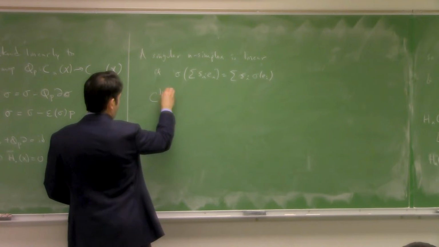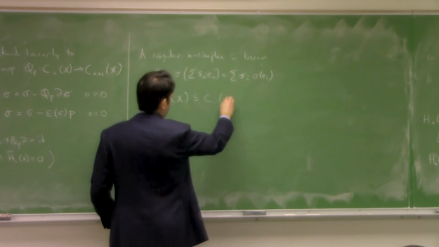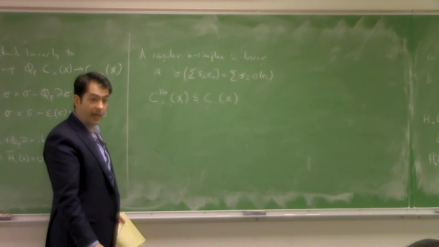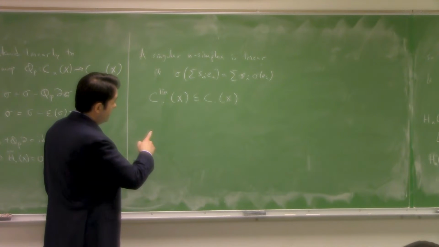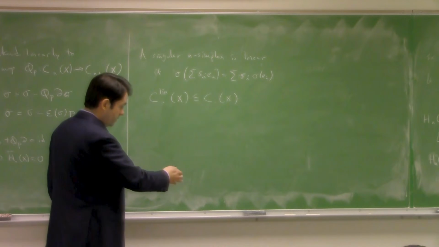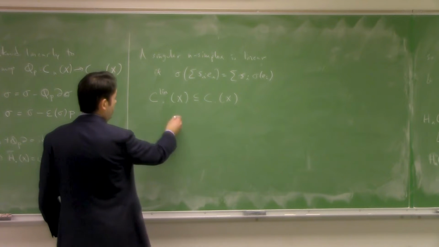This gives us a subgroup of the chains in X, and if it's linear, then the restriction to each face is a linear map. And so this is a subcomplex.